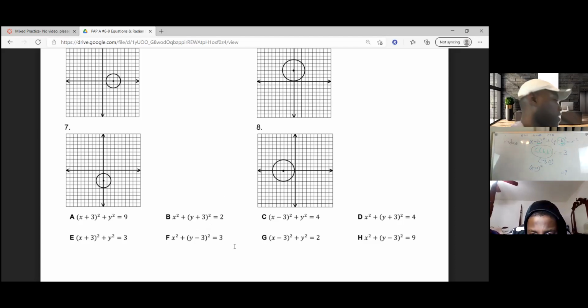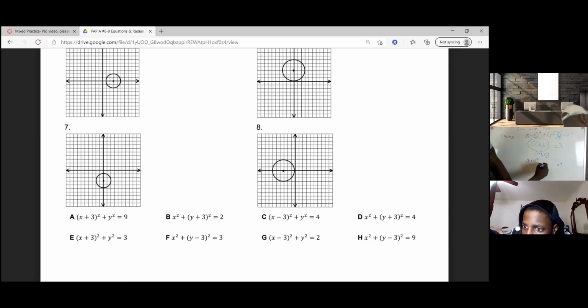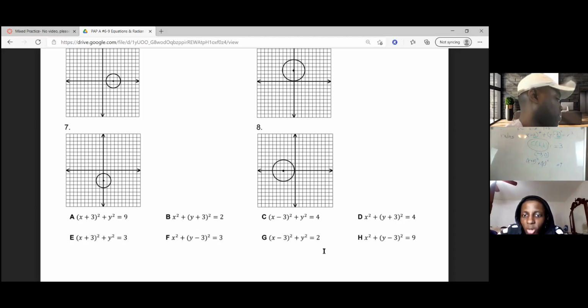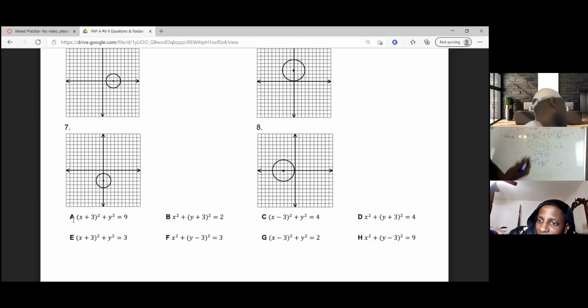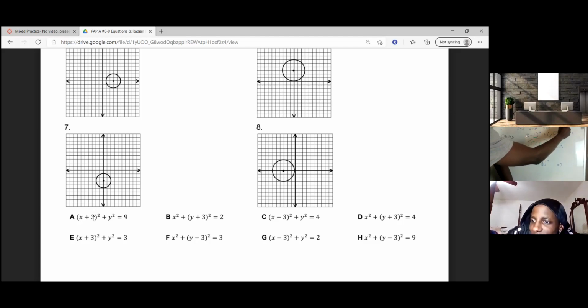Tell me what else to write. Y squared, because there's no shift. So what's our answer for number 8? It's A.